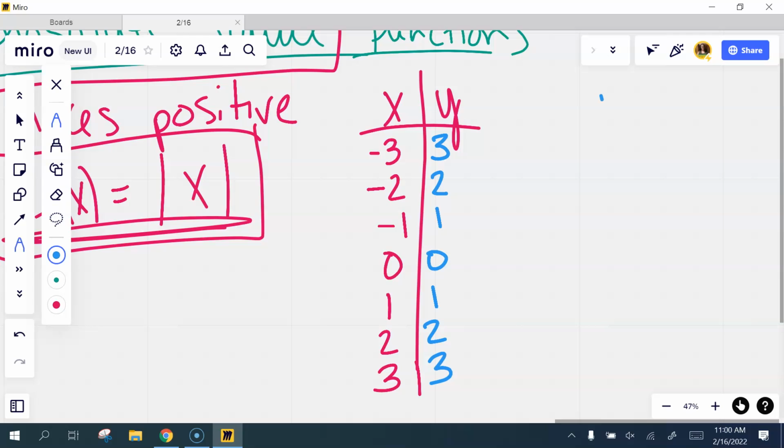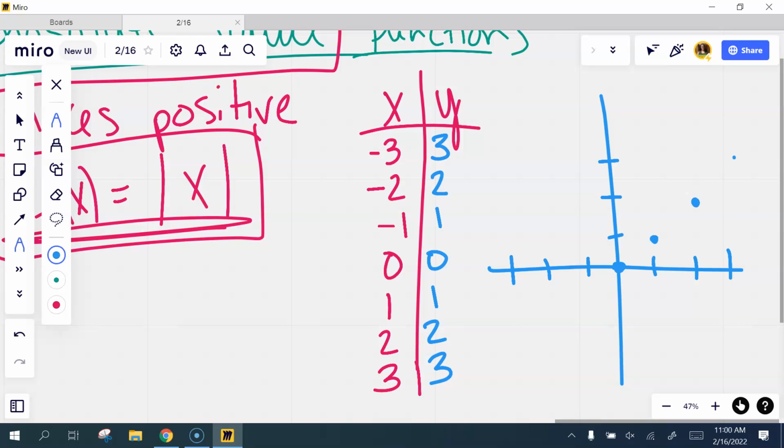All right, graph them. See what happens. Whoa. Okay.